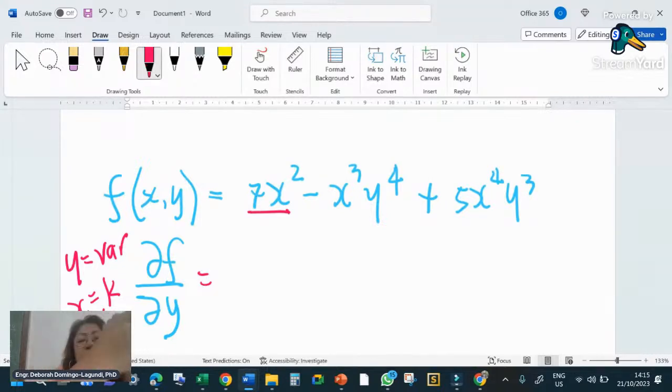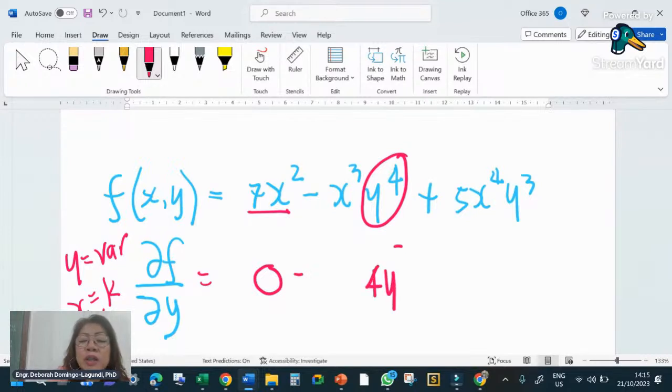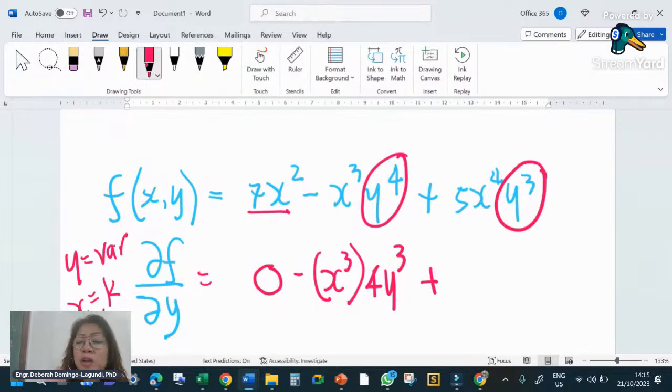In this 7x squared, both are constants, so you have 0. Here, y is a variable, x is a constant. Let's differentiate y to the fourth first. So that will be 4y cubed, and then x cubed in front of it because that becomes a coefficient. Plus, your y cubed is a variable, so that will be 3y squared. 5x to the fourth will be a constant.